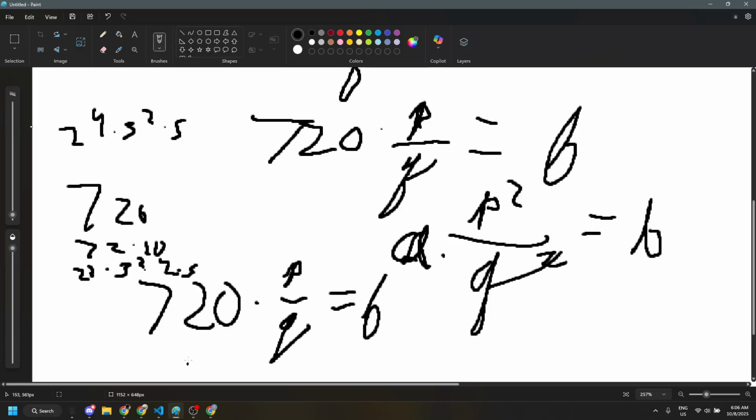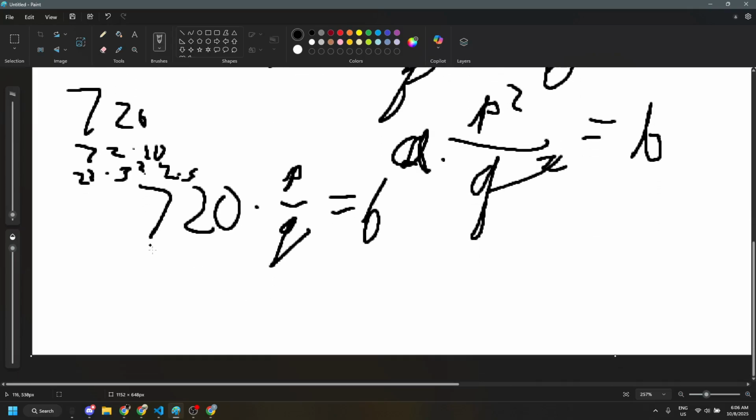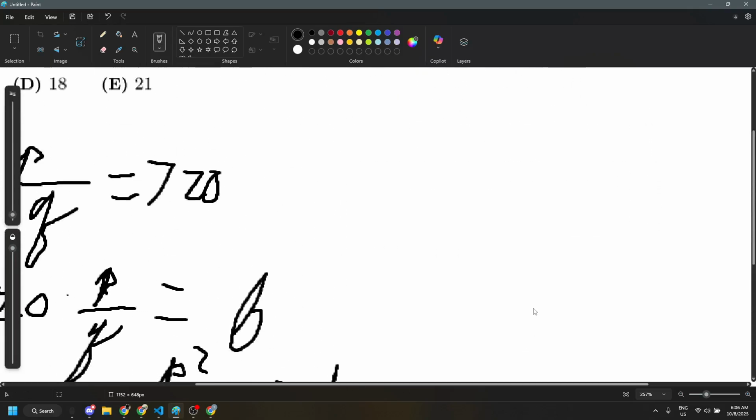And then you just must have another factor on the top. So, let's rewrite this.